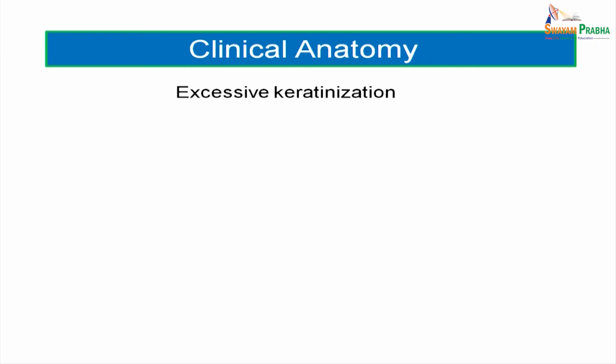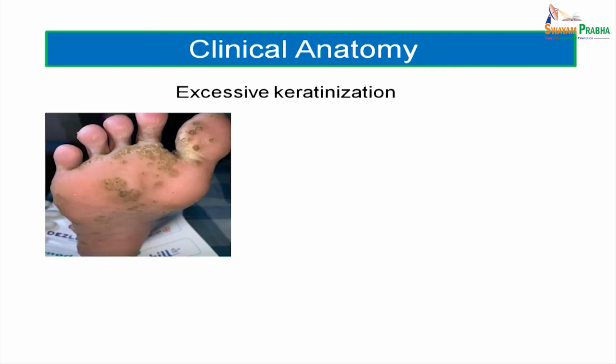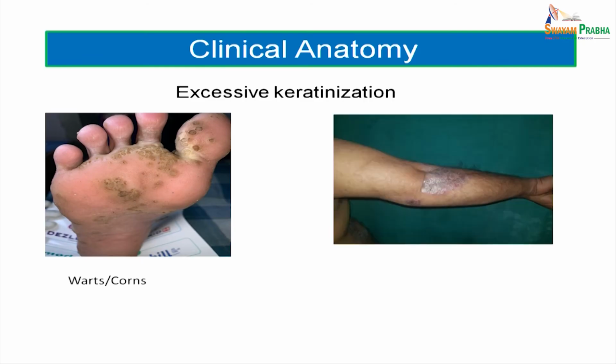These conditions can present as warts, corns or psoriasis, which is very common in the elbow regions, the back of the neck, the upper back region or scalp. Wherever there is more friction, the chances of psoriasis in those regions are higher. In all these conditions, there is excessive keratinization, that is overproduction or turnover of cells and overproduction of keratin.